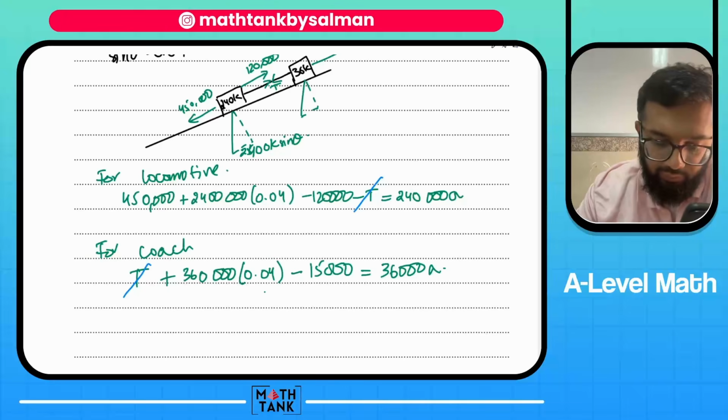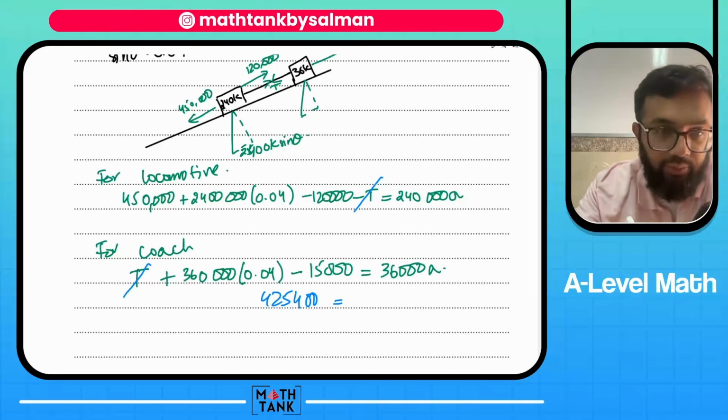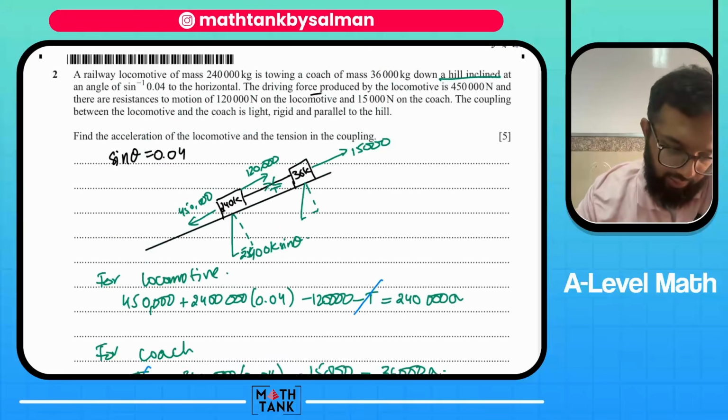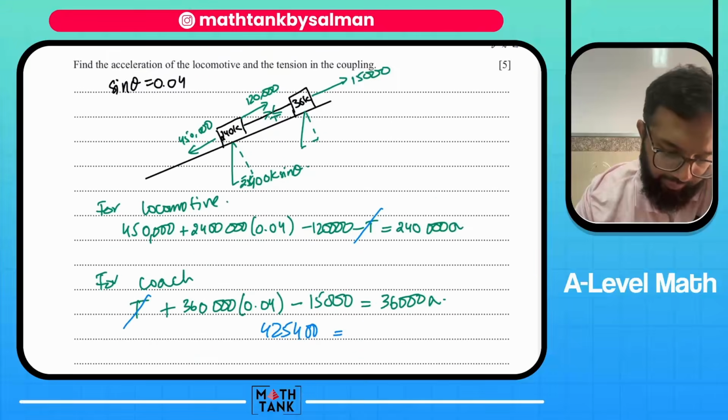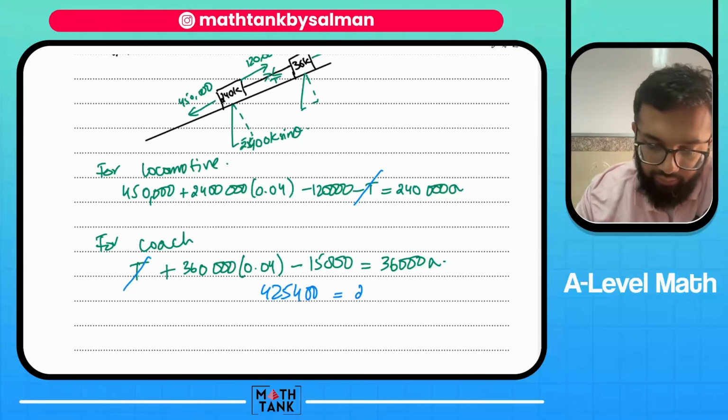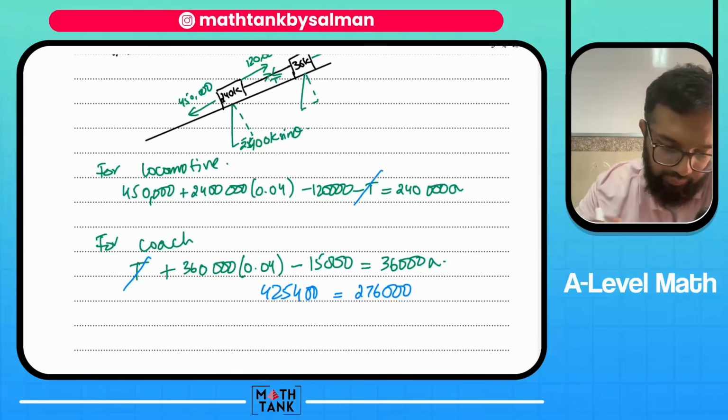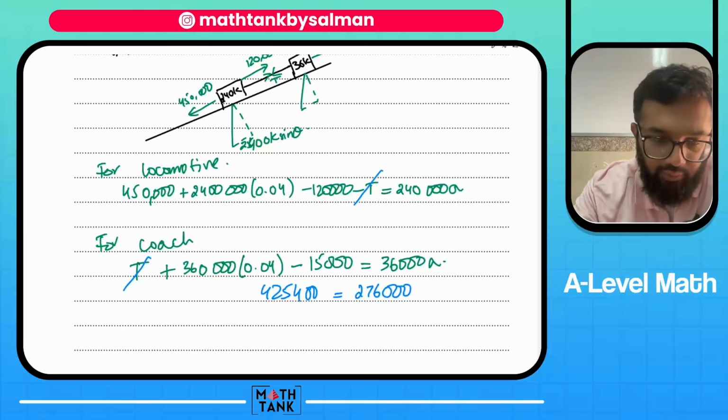So this is giving me 425,400. And what do I have on the other side? 240,000 plus 36,000, 276,000. 425,400 divided by that.